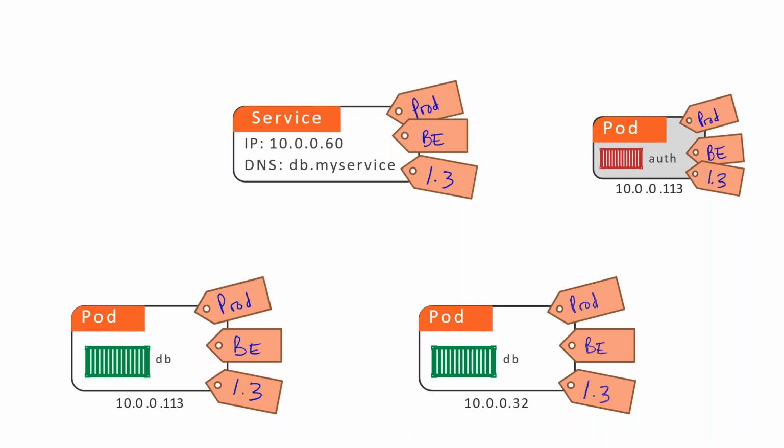You need to hear this statement from me: if the labels of the pod match the labels of the service, those pods which match the labels of the service can be load balanced by the service.